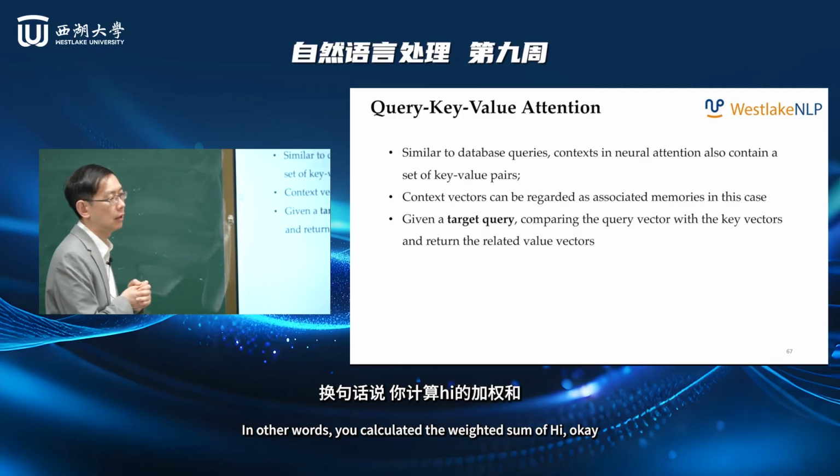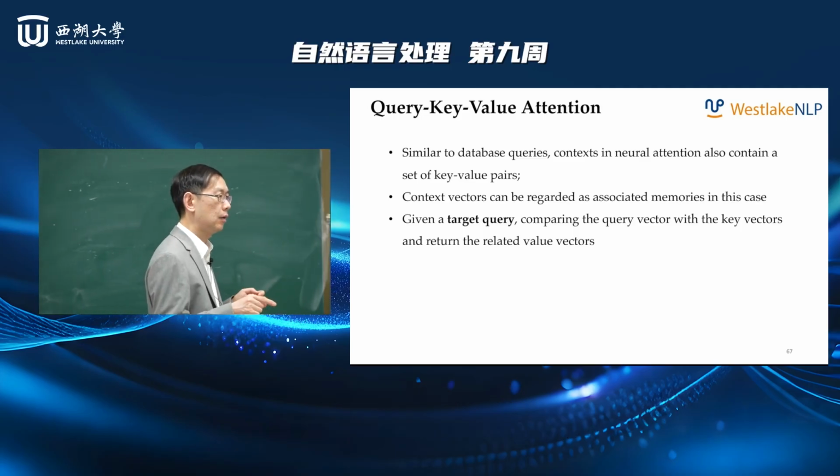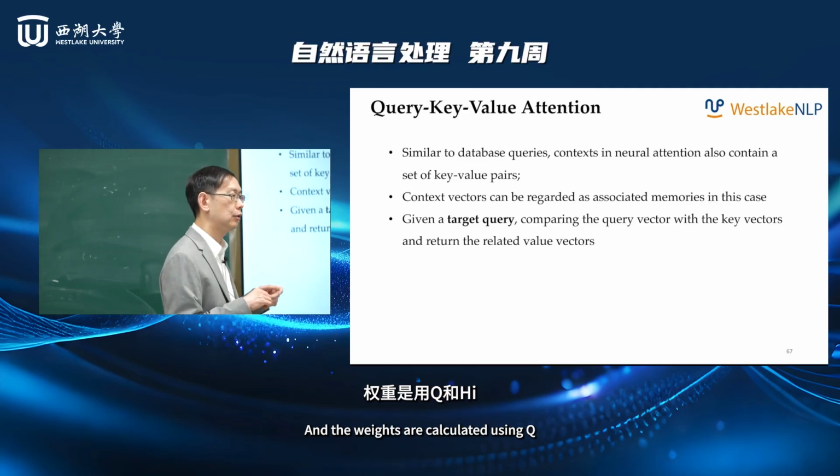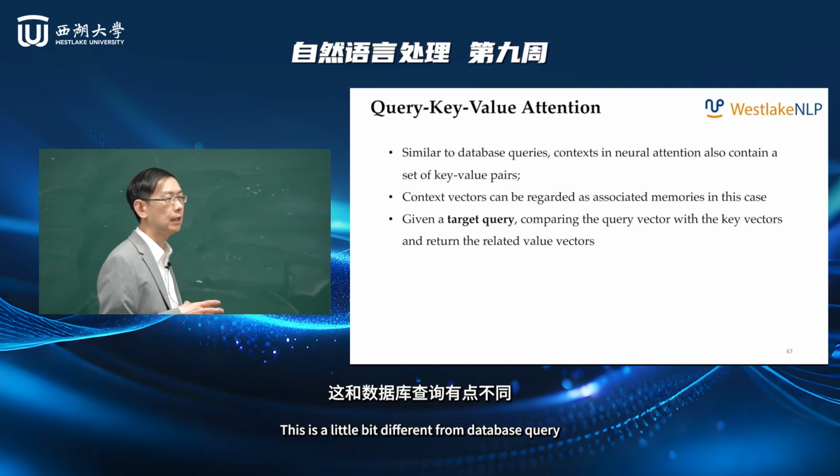In other words, you calculate the weighted sum of HI, okay, and the weights are calculated using Q and HI. This is a little bit different from database query.